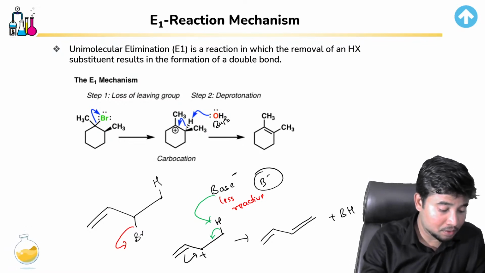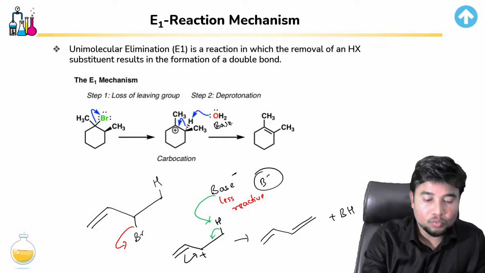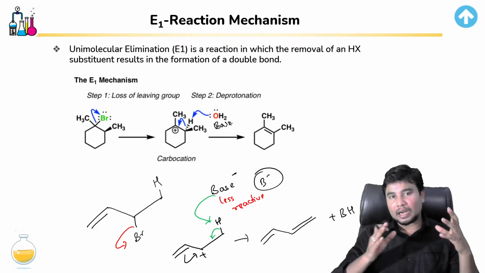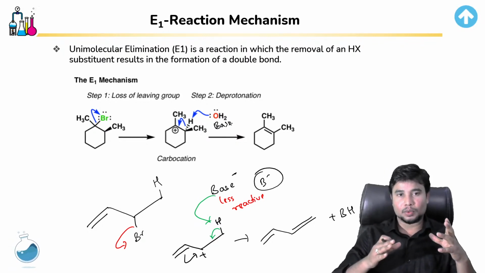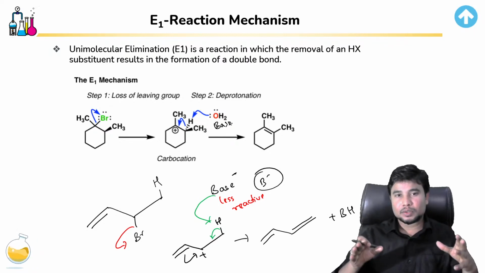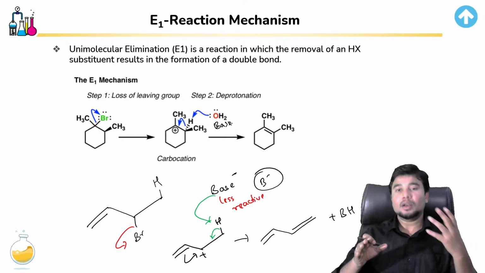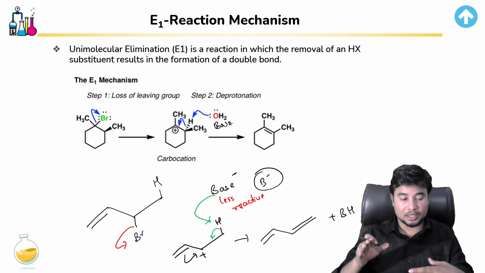this base would have its action. This base would attack a proton that could re-stabilize the compound. Remember that a positive charge is still a charge; even if it is stable, you don't want it to be anywhere. You want it to get neutralized again.